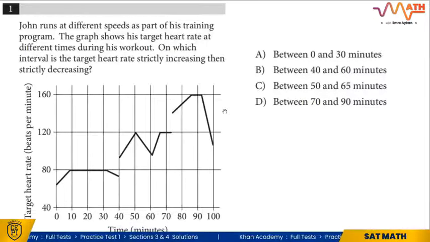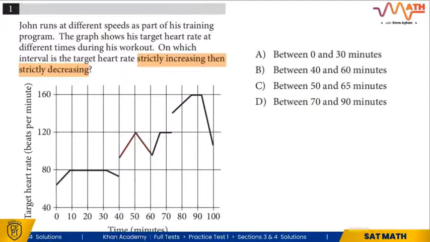That is not the answer. Between 40 and 60: let me highlight this part. Strictly increasing, then strictly decreasing. This B looks like the answer.